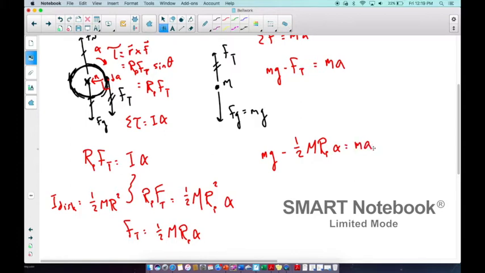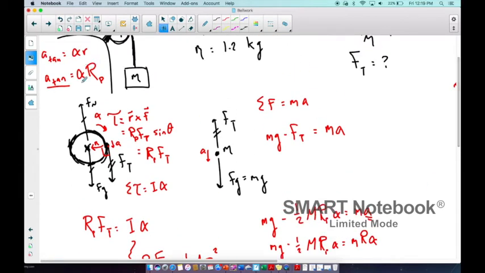Now remember what we just got done discussing. This acceleration is the downward acceleration of this box, which is the tangential acceleration at this point on the pulley, which we've already said is r times alpha. So I can write this little mg minus 1/2 big M big R alpha equals little m, and this a is big R alpha, isn't it?